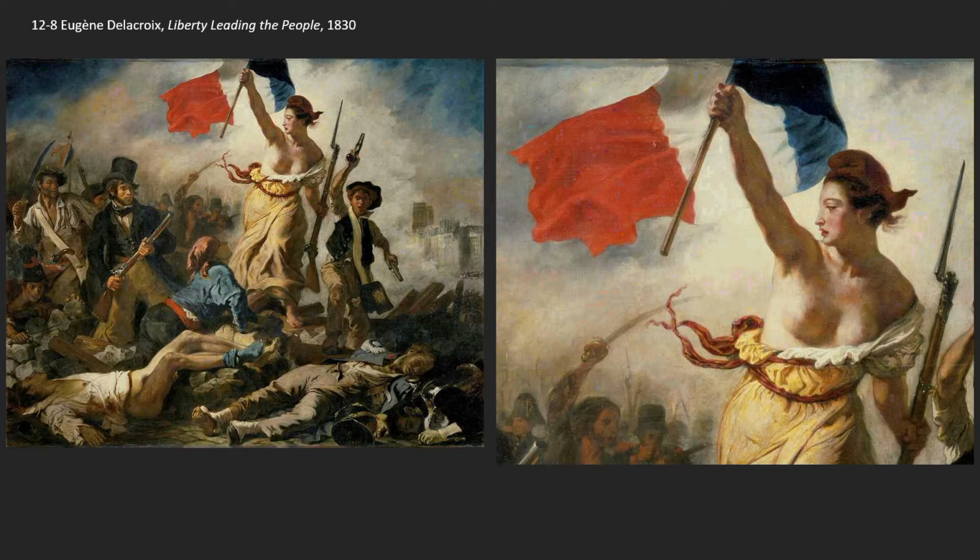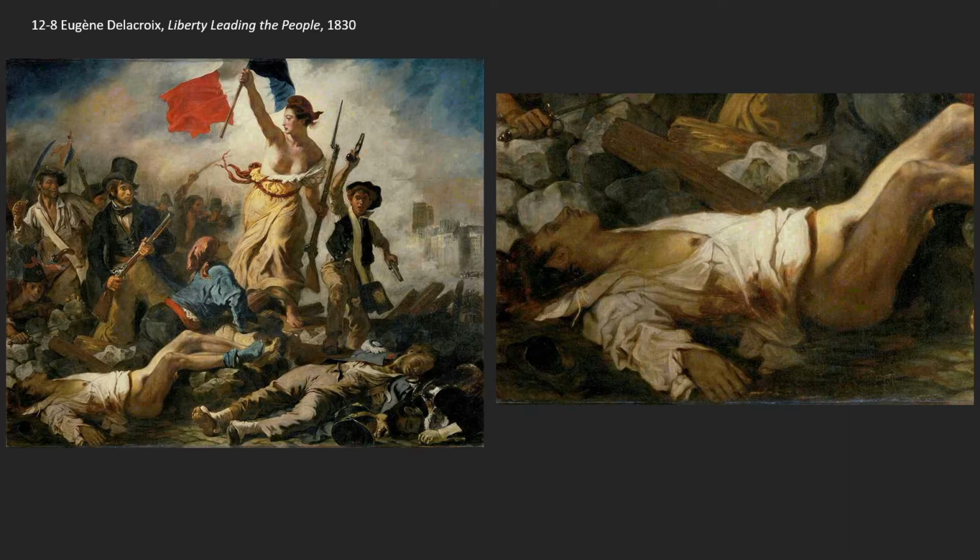Now, all of that said, with the smoke of battle rising behind them, you can see quite clearly that it's a very romanticized picture as well. It still has sublime elements, with dead bodies piled up in the foreground, blocking our visual entrance into the image. A figure on the left that looks kind of like something off of the Raft of the Medusa, lying there, his head bludgeoned, half naked, amid the ruins of France.